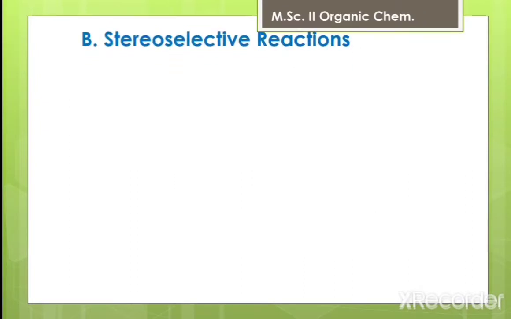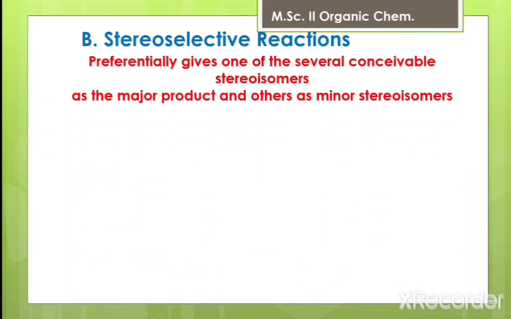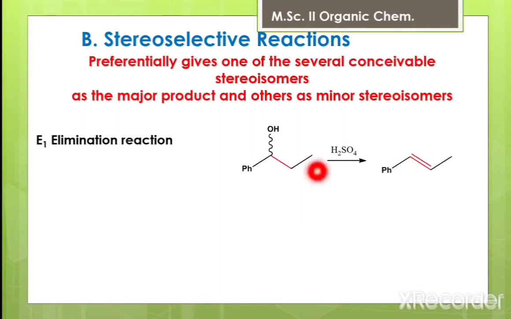Then stereoselective reactions. A stereoselective reaction preferentially gives one of several possible stereoisomers as the major product and the other as the minor stereoisomer. The best example is the E1 reaction. Here H2SO4 converts OH into H2O plus, a good leaving group, and H2SO4 is a good dehydrating agent.